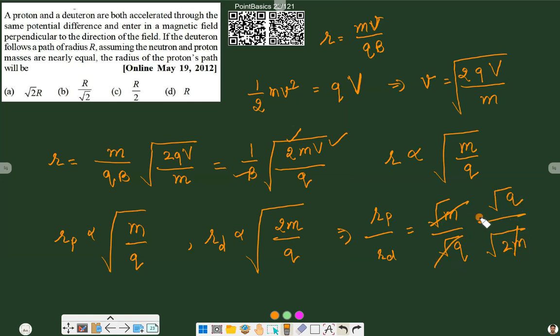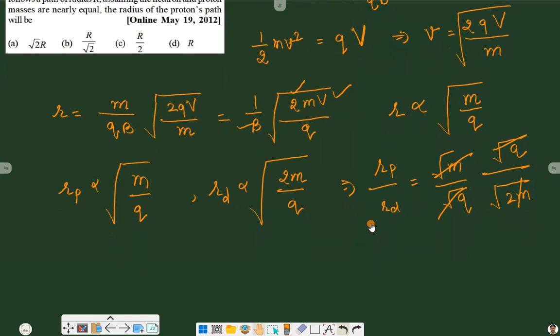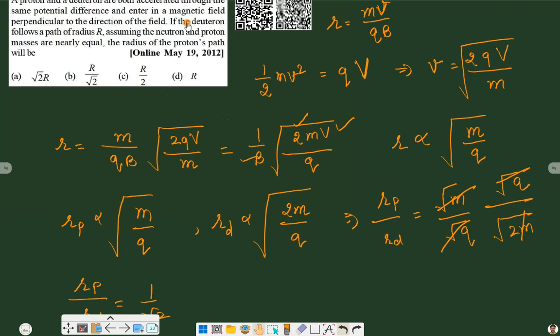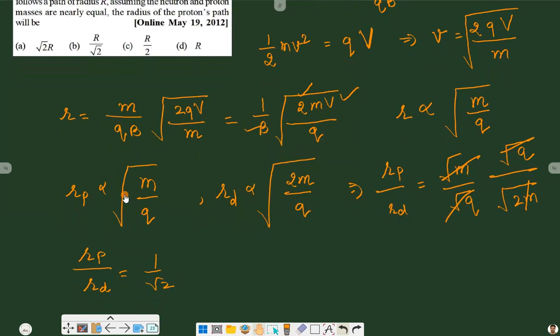Root m cancelled, q gets cancelled, and we will have radius of proton by radius of deuteron equal to 1 by root 2, and the radius of deuteron is given as capital R. So the radius of proton becomes radius of deuteron by root 2, capital R by root 2. That is, option B will be the right answer. Moving to the next one.